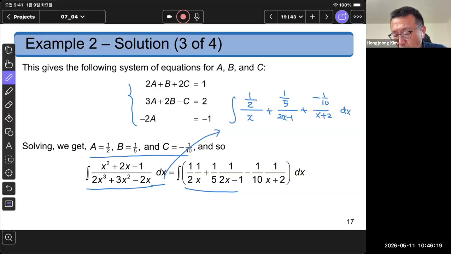So in other words, we get 1/2 of 1 over x, plus 1/5 of 1 over 2x minus 1, minus 1/10 times 1 over x plus 2.